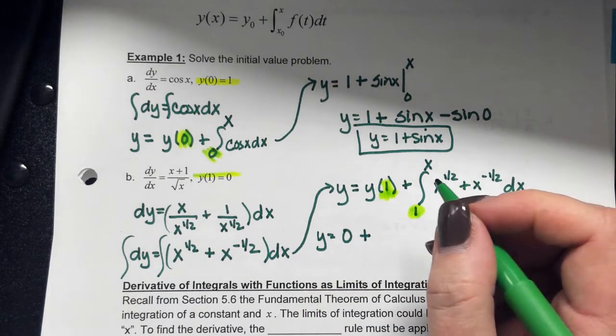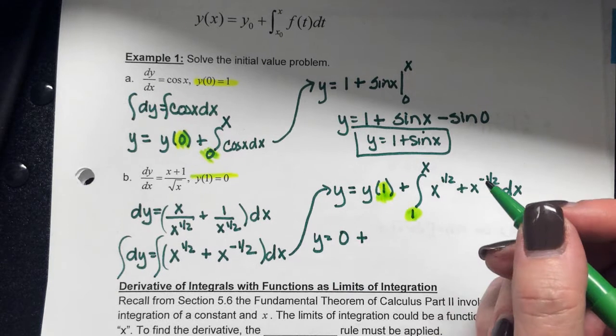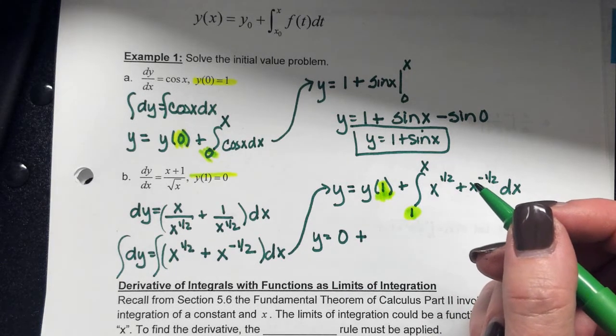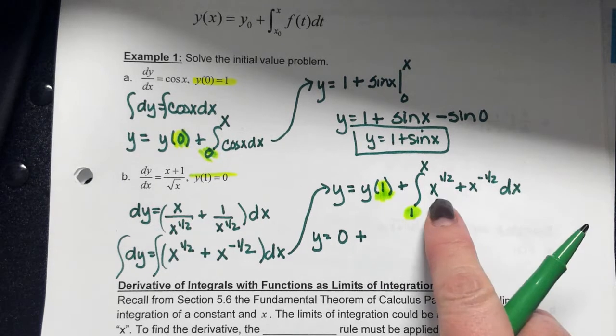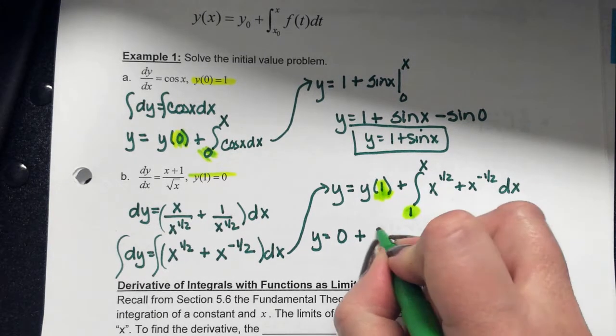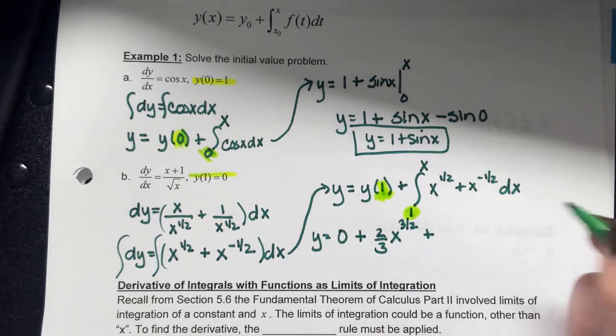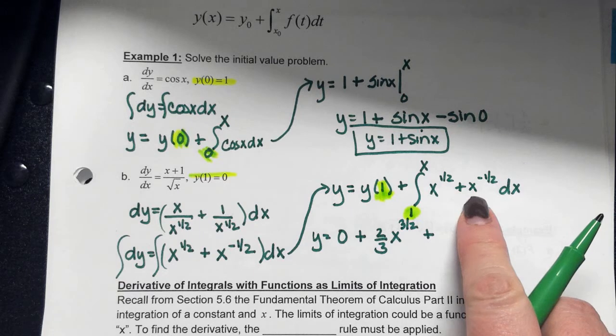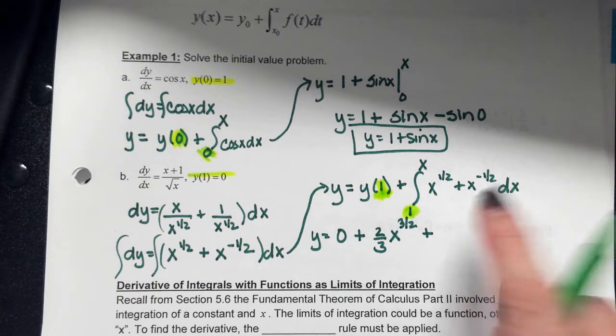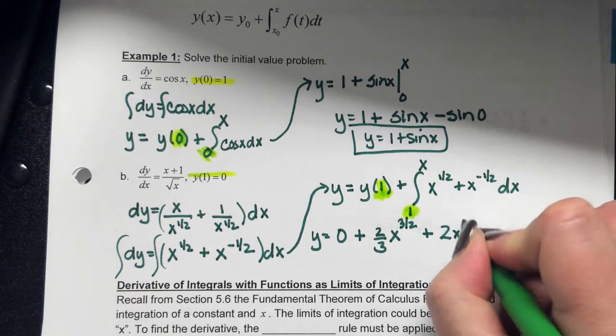Plus, boy, we had an interesting time trying to do the derivatives last class of this one. We had to go back over power rule for derivatives. What is the antiderivative of x to the 1/2? 2/3 x to the 3/2. Plus, what is the antiderivative of x to the negative 1/2? 2x to the 1/2.